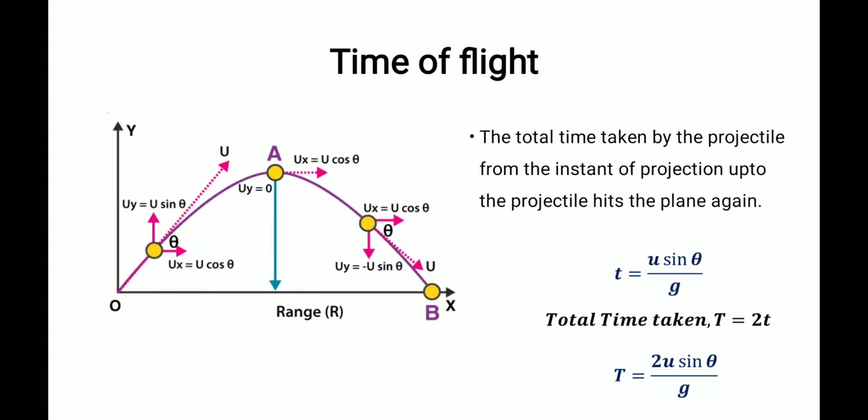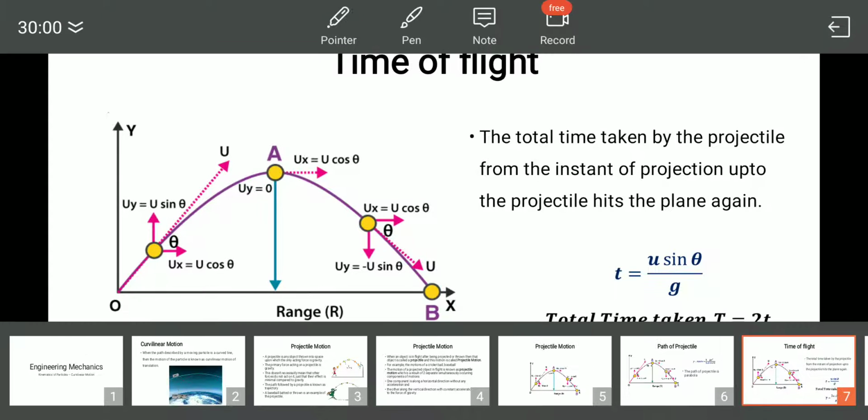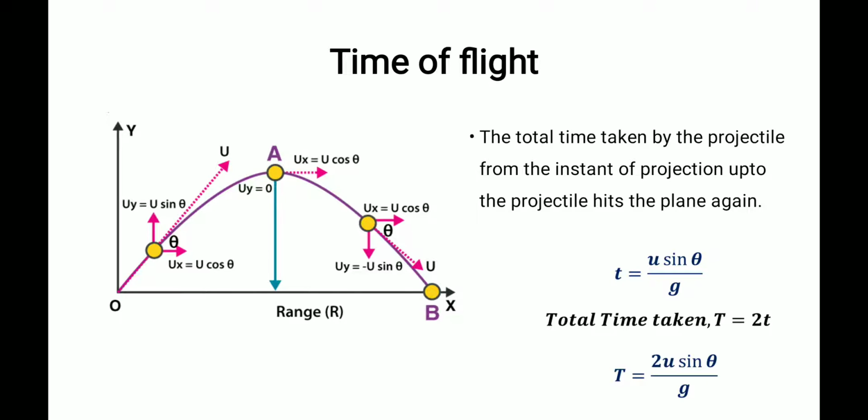Okay, here, time of flight. Time of flight means the total time taken by the projectile from the instant of projection until the projectile hits the plane of motion. When the object is moving and reaches the maximum height, the time taken to reach the maximum height is t.